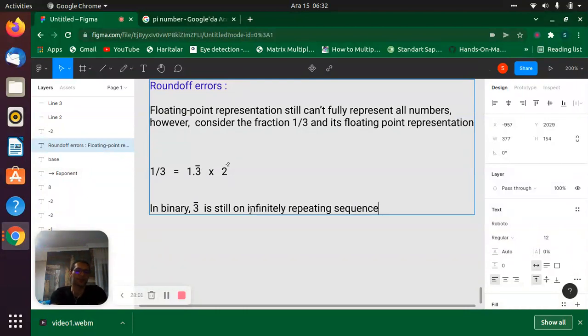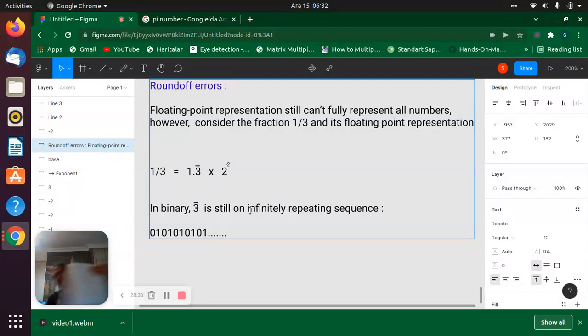Like pi, there is no limit, so it repeats infinitely. So I mean 1 0 1 0 1 0 1, 0 1 0 1 0 1, and all the time going like that, right?